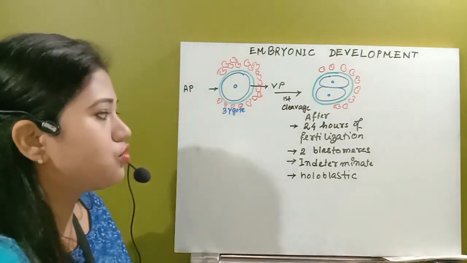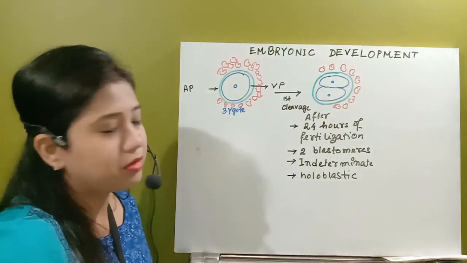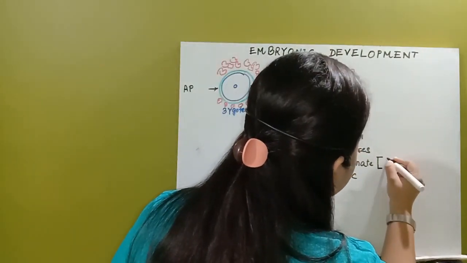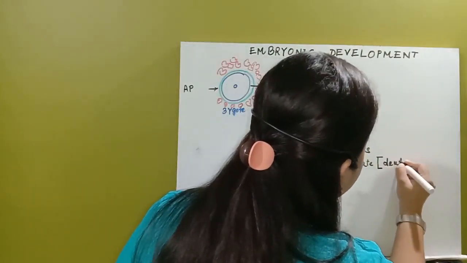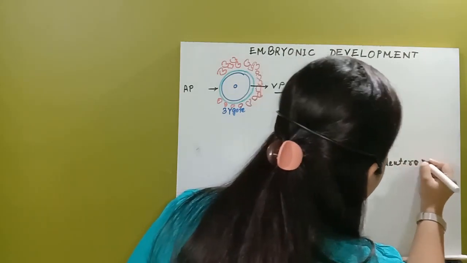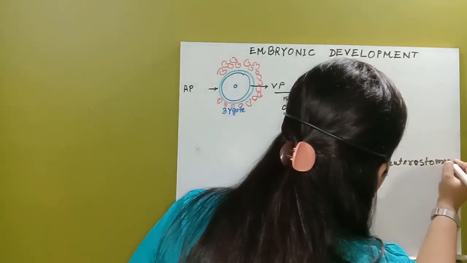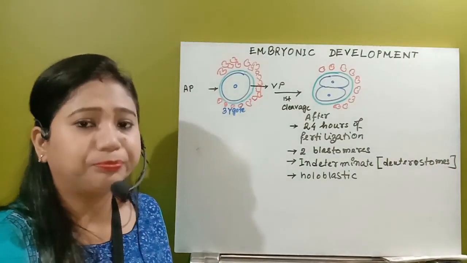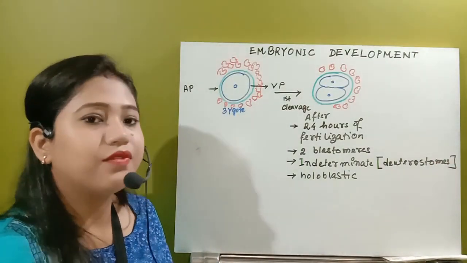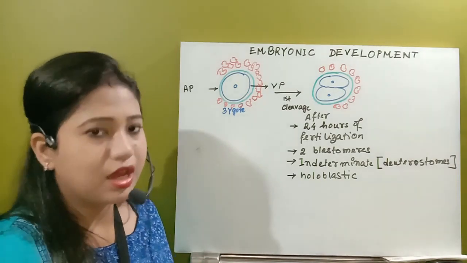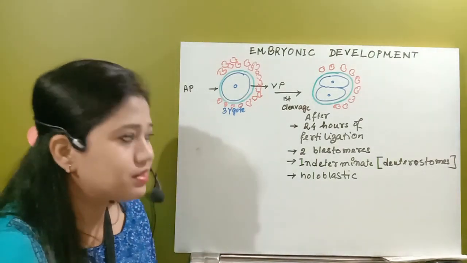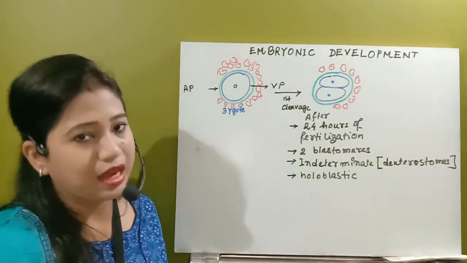One thing you should know about the indeterminate type of cleavage is that it is a very important characteristic of the deuterostomes. What are the deuterostomes? You should have already understood in the first year. From the echinodermata up to all the vertebrates, up to mammalia, all of us are deuterostomic animals.